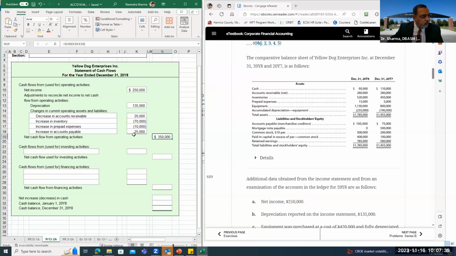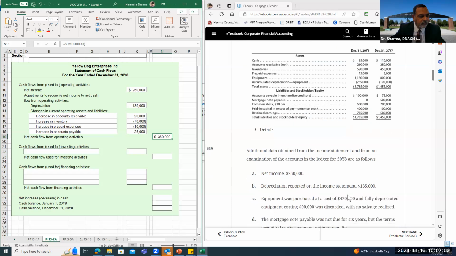Now that I have done this part, I'm going to move on to the investing activities. In investing activities, we look at the long-term assets. There is only one long-term asset. Is there anything given here?